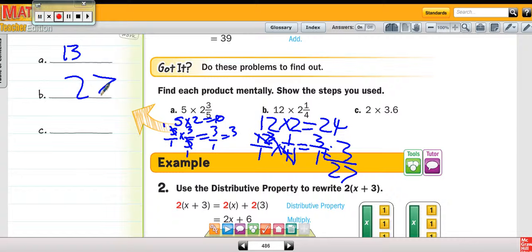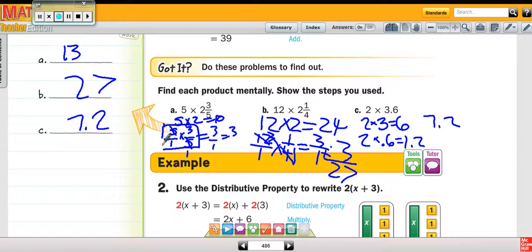Okay, so you would do 2 times 3, which is 6, and then 2 times 0.6, which is 1.2, and you add those, you get 7.2. Very good. Now, obviously, we've written out the work here. Could we do this 5 times 3/5 in our head?